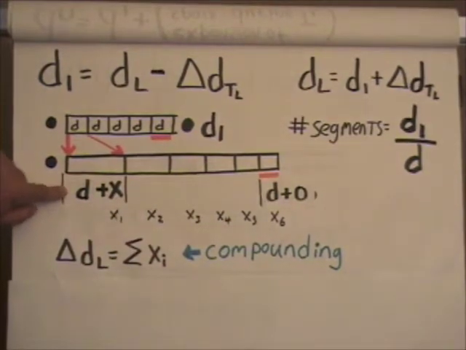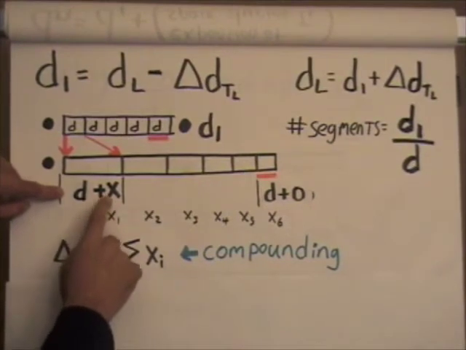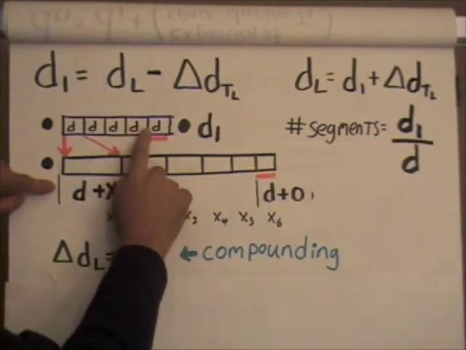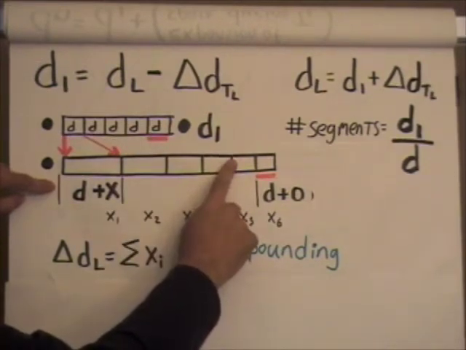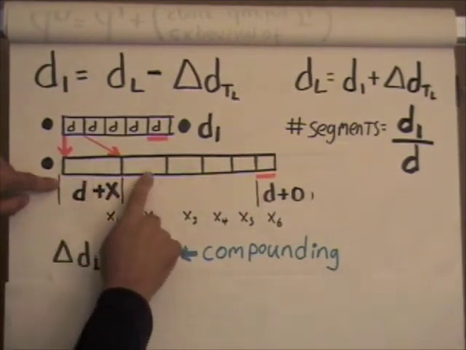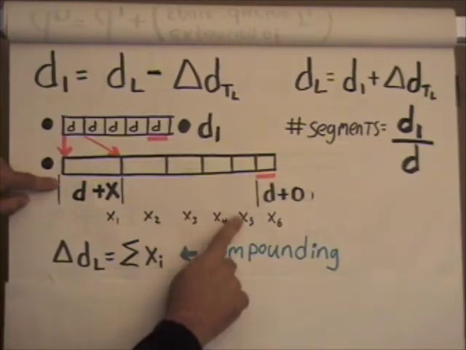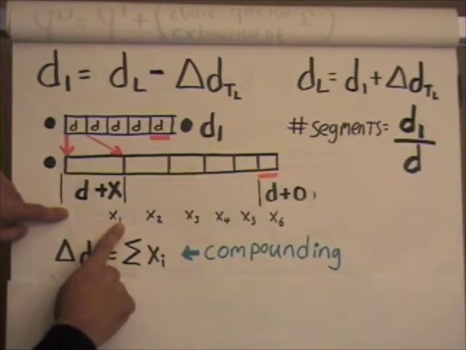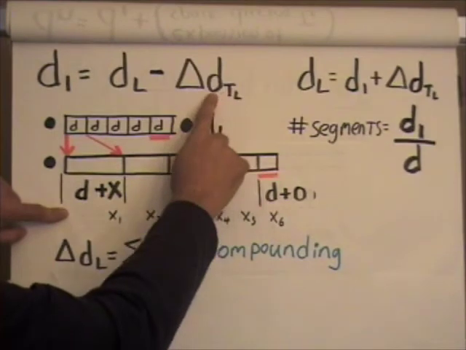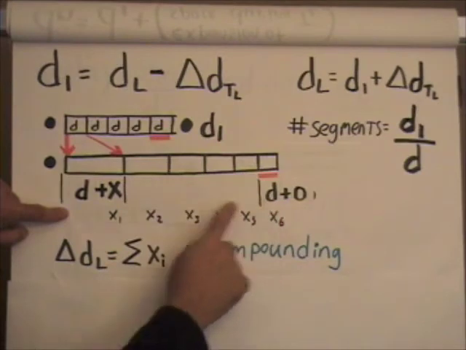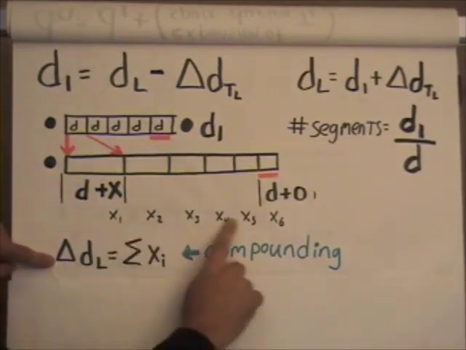Now, one of the things that makes this formula so difficult is that each of these segments will have expanded by a different amount as light was coming towards Earth. So the x's for each of these segments are different. Now, the compounding formula and the most precise formula for the total change in the distance for light while it was in transit is simply the sum of all these x's.